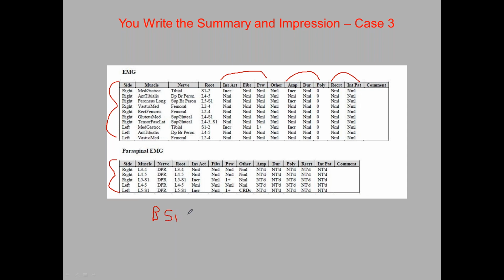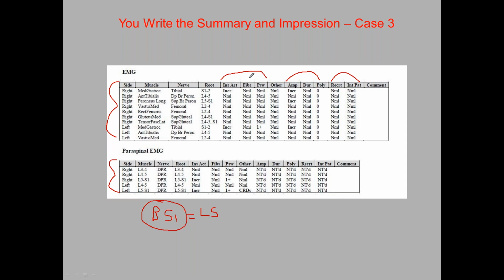Or lumbosacral. But that doesn't say L5. That means lumbosacral LS, not a 5. So whether you chose to say lumbosacral S1, that's fine. Now, if we look across the table, now we see what we have in common is bilateral S1.